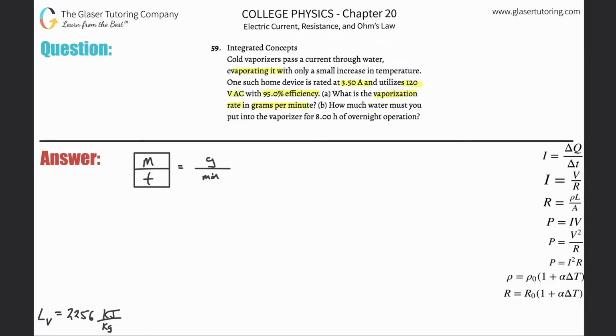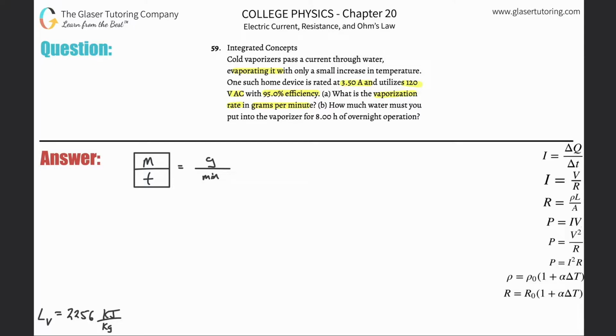Now I start to think about the nature of the problem. We're vaporizing something, and to vaporize something it takes energy. How is energy related to the given information of current and voltage? It's related through power.